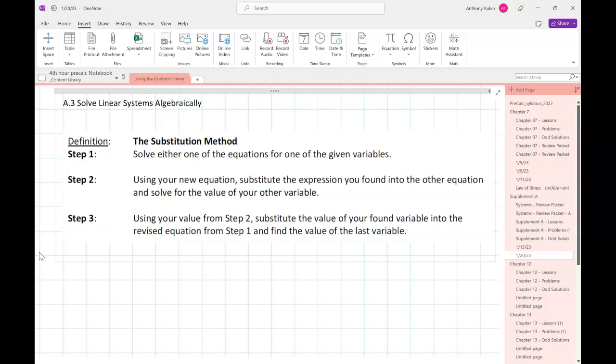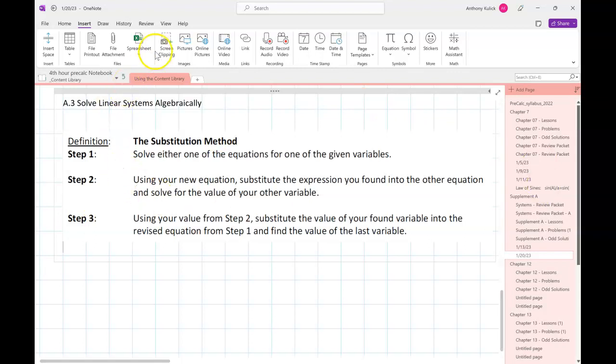You isolate that variable and substitute it into the second equation, thus eliminating a variable in the second equation, which you can now solve just like a one-variable equation in Algebra 1. You'll get your answer and then plug it back into one of the two-variable equations to get the other.